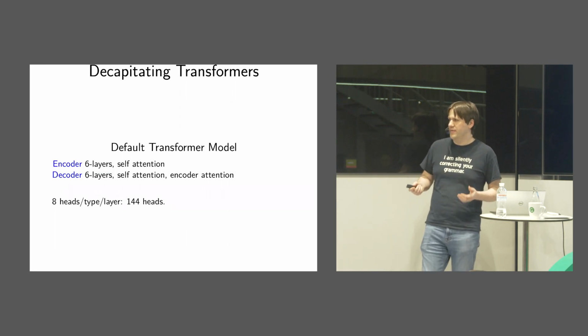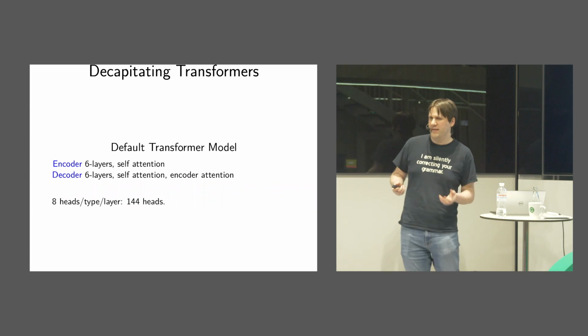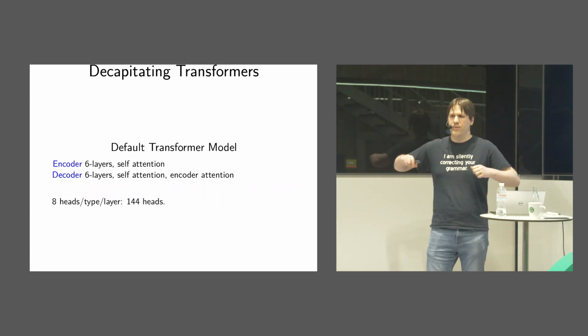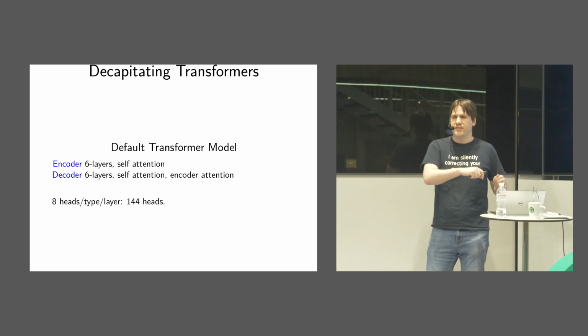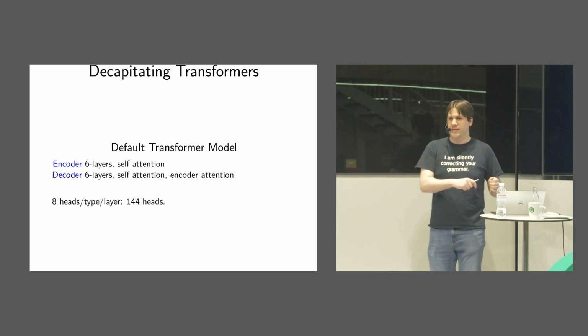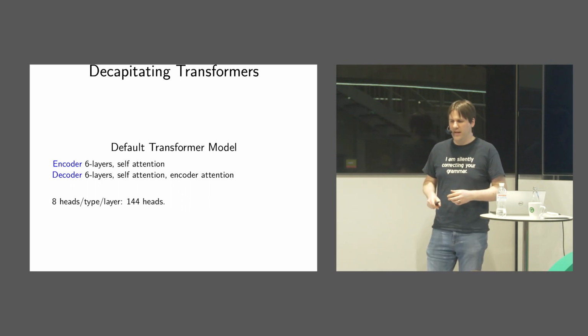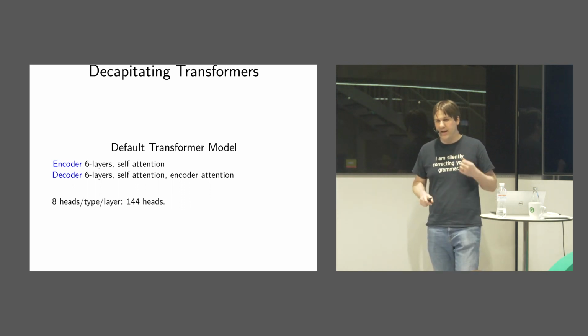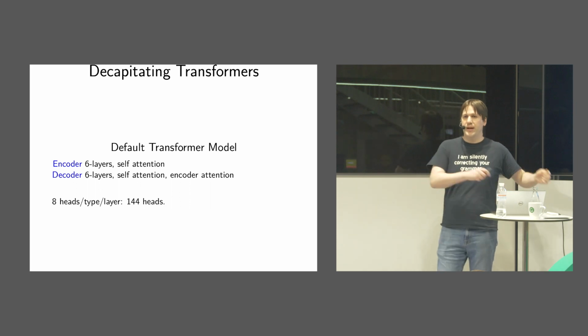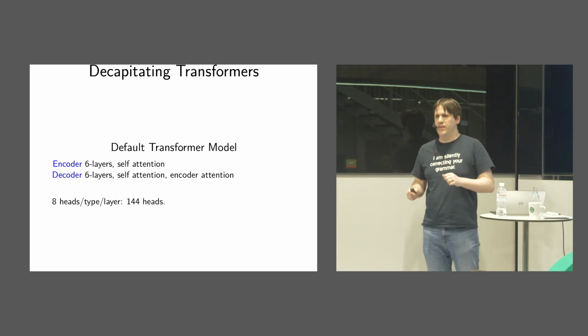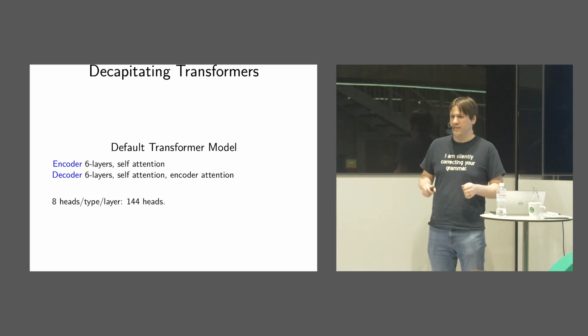So a typical translation model has 6 layers, and it does self-attention, which is this thing where it's looking at all the other words that are in the input sentence. And then in the decoder that produces the output sentence, it has both the self-attention where it looks back at all the words it's produced, that was the O of n squared thing before, and it also has these heads that look at the input sentence.